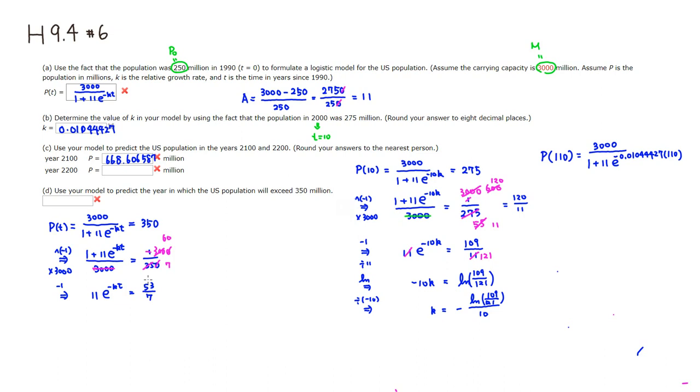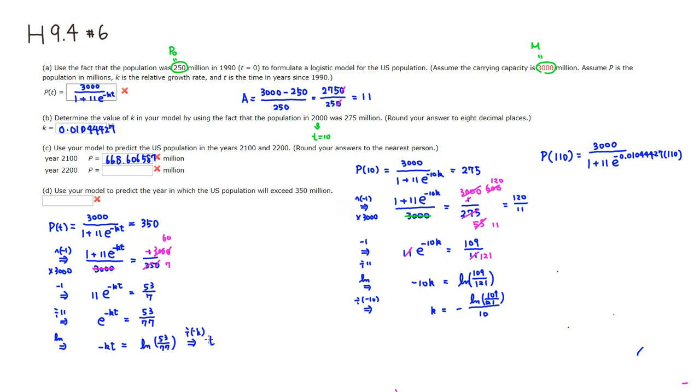Then I'm going to divide through by 11, so you're going to get e to the negative kt is equal to 53 over 77. Then we're going to take the natural log of both sides, so you get negative kt is equal to natural log of 53 over 77. If you want to find t, we're going to divide through by negative k.